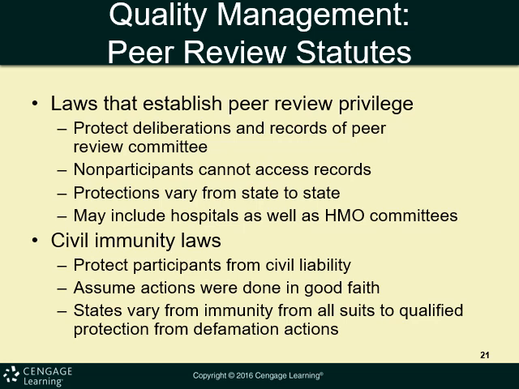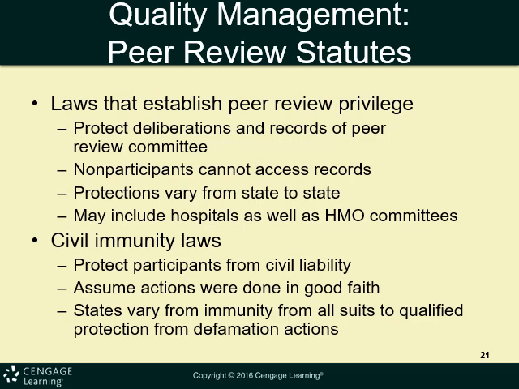State statutes also vary regarding the definition of peer review activity. Some statutes do not define the term beyond general language, such as records and proceedings. Other statutes explicitly state which documents and materials fall within their protections. The statutes further vary by the nature of civil immunity afforded to participants.